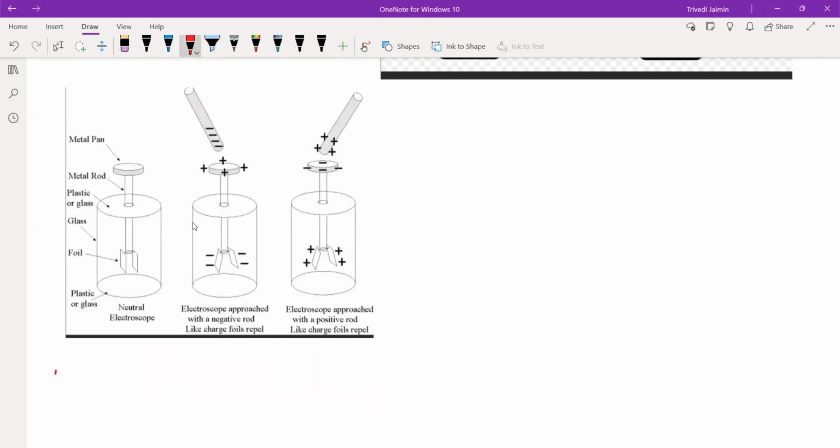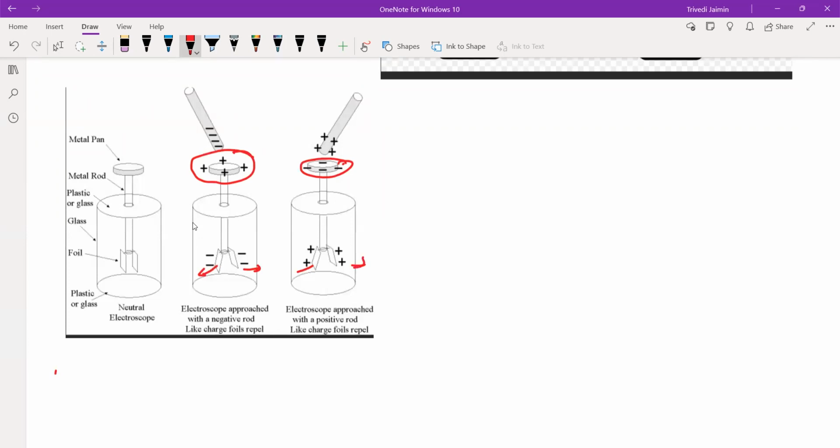So this one, a metal pan. This is positively charged. Aluminium and gold, whatever we are using, depends. If it is placed nearby, it will repel and move away. It will show positive when it is negatively charged.